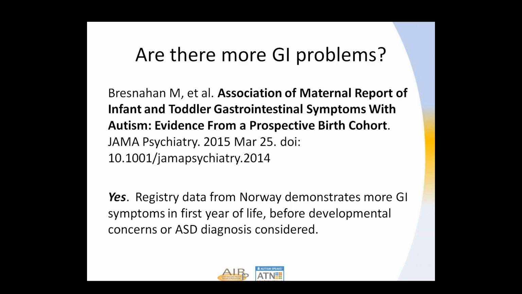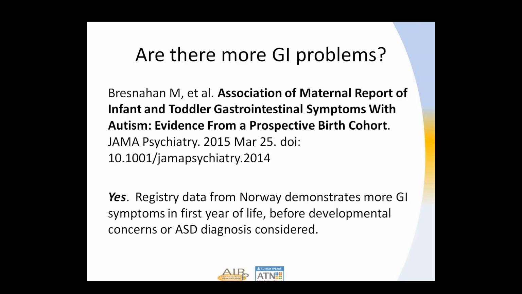And then another publication very recently by Bresnahan and company looked at the association of maternal report of infant and toddler GI symptoms with autism to see, are there more GI problems in these people. This is an interesting study because it came from registry data out of Norway. Children and their mothers were identified at the child's birth and followed for several years.